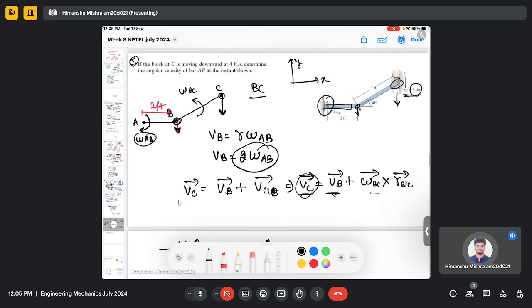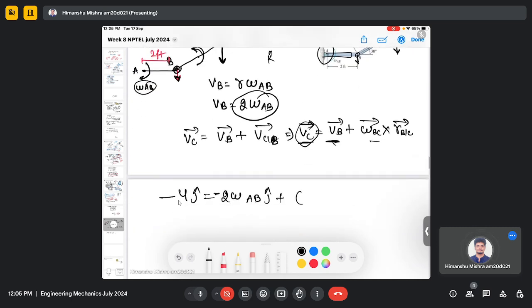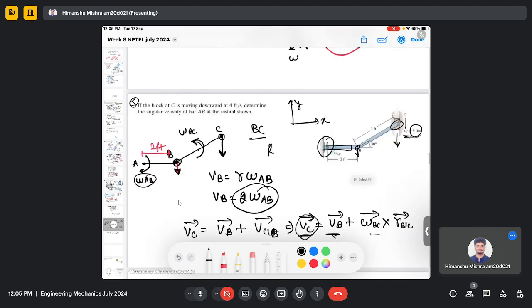Now you can again see that omega is in the k direction, that is the z direction, and the z direction is out of your screen. So it will be omega BC k cross product with this vector, which is our R BC vector.